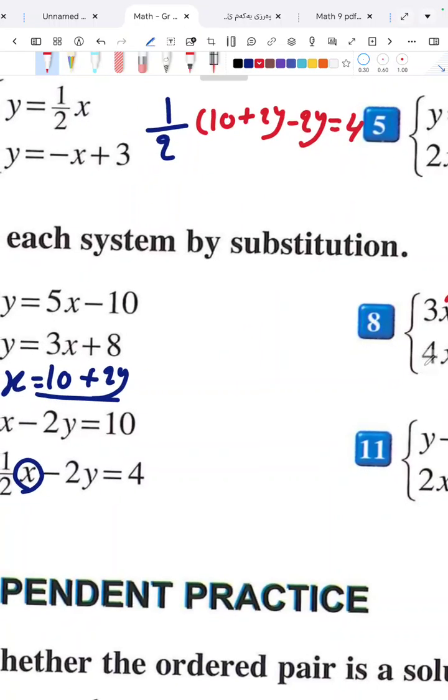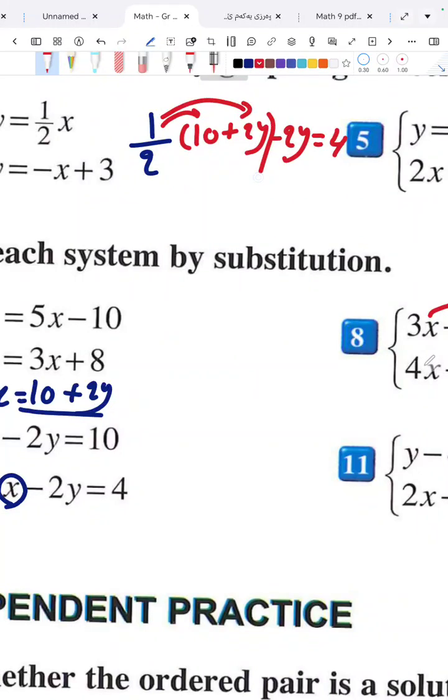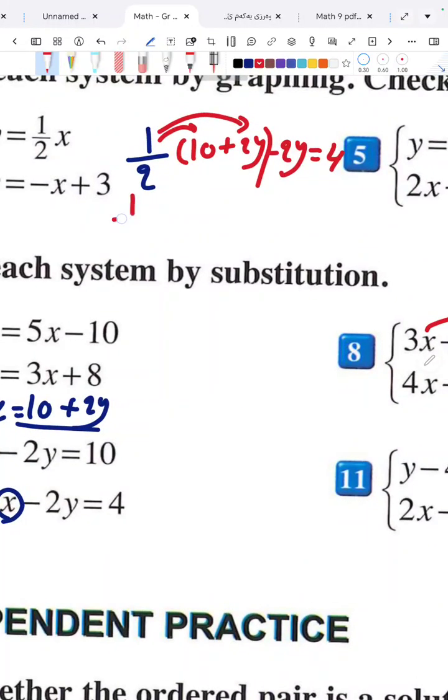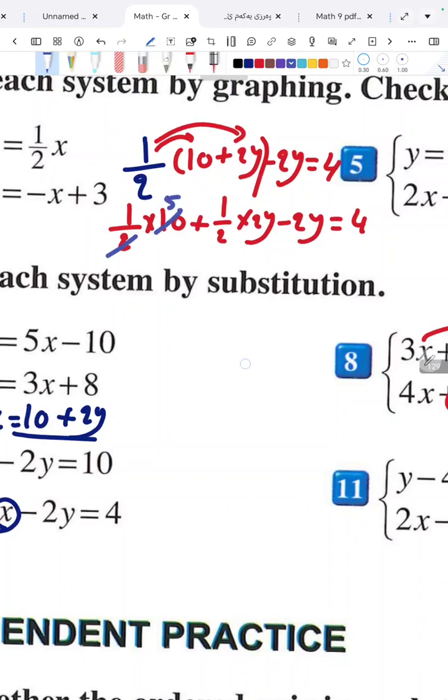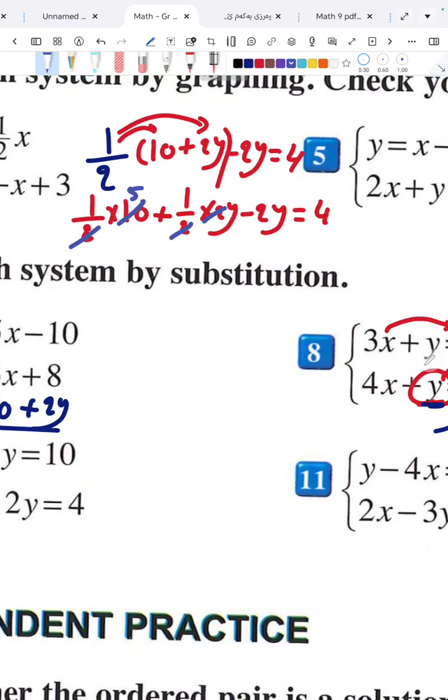Let's see. Multiply this by this, and this by this, because it is the distributive property. 1 over 2 times 10 plus 1 over 2 times 2y minus 2y equals 4. Can I simplify here? Yes, it will be 5. Can I simplify here? Yes, y remains.